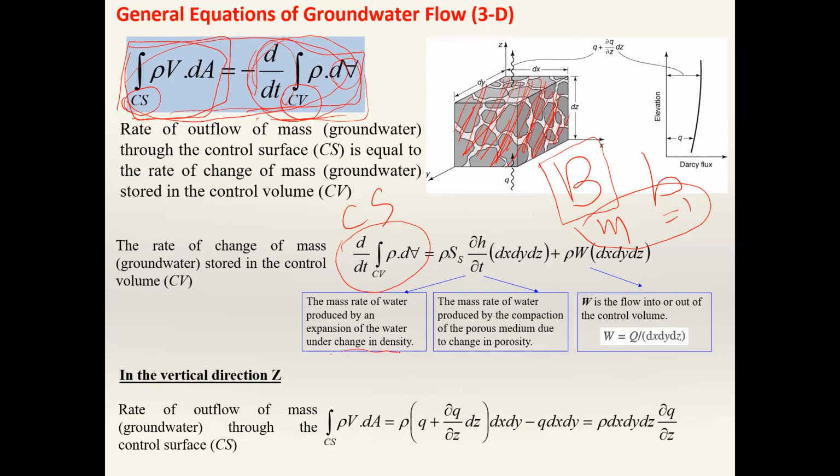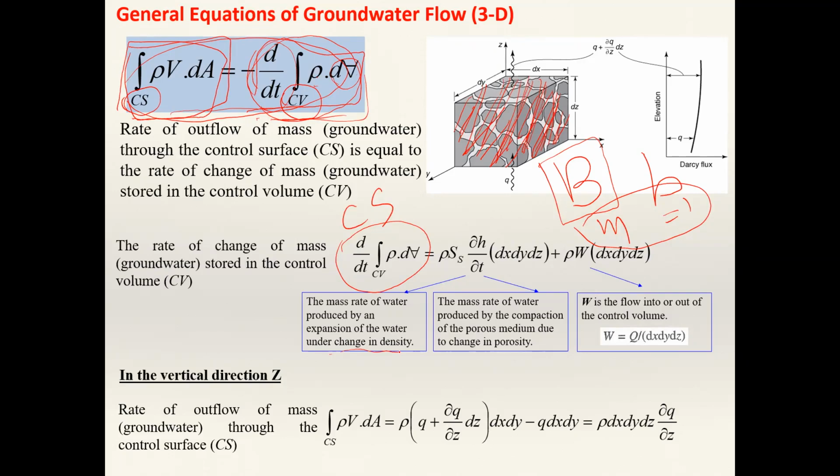When we talk about the pipe flow, we consider the water is an incompressible fluid. It cannot be compressed, or the density is constant. But when we talk about the groundwater flow, above the groundwater aquifer there is a large mass of soil. Because of that, this water is compressed.